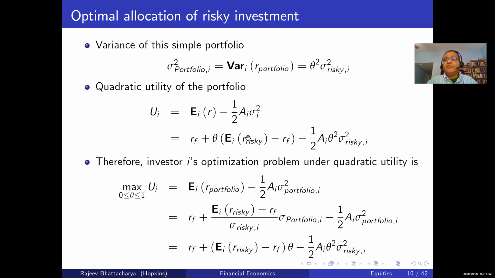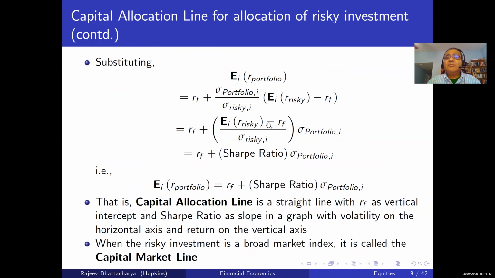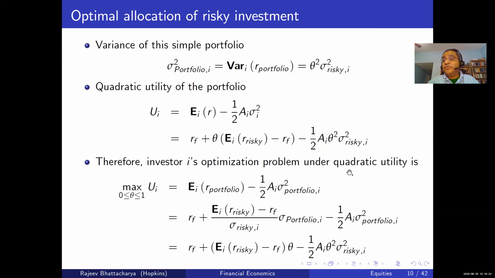E_i of R is R_F plus theta times the expectation of the risky asset minus the risk-free asset, so theta times the excess return according to investor i's information, minus half times A_i times the variance of the portfolio. So this here is R_F plus theta times the excess return of the risky investment minus half times A_i times theta squared times the variance of the risky investment.